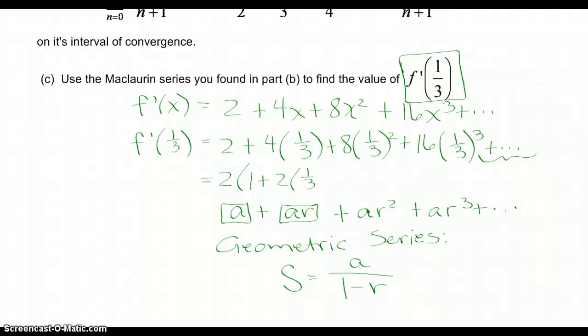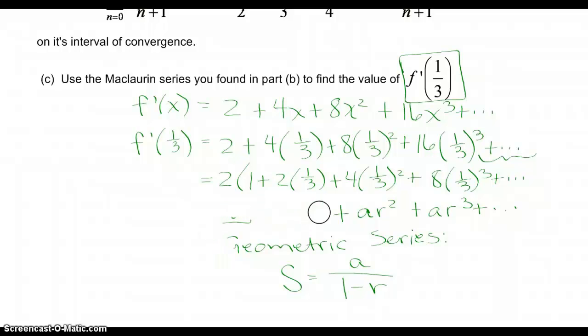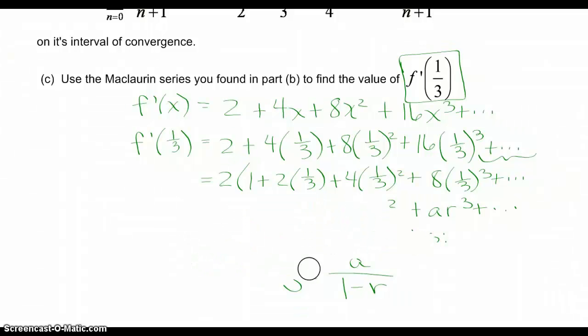Then let's see what we get here. That'll be 4 times 1/3 squared. That'll be 8 times 1/3 cubed. And that turned out to be a really good plan, because look what's happening for me on my coefficients. They're all powers of 2.